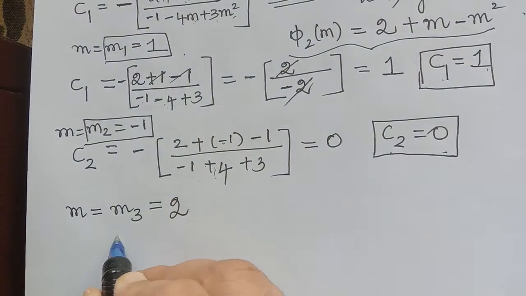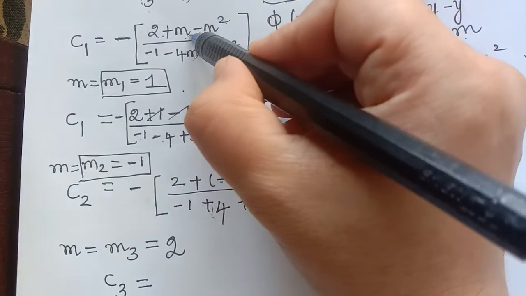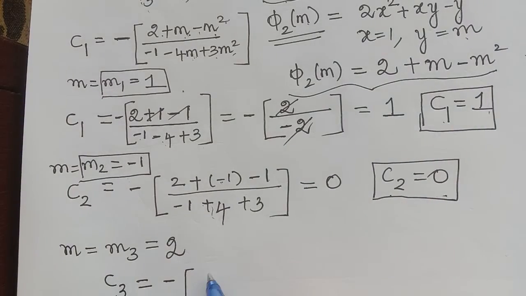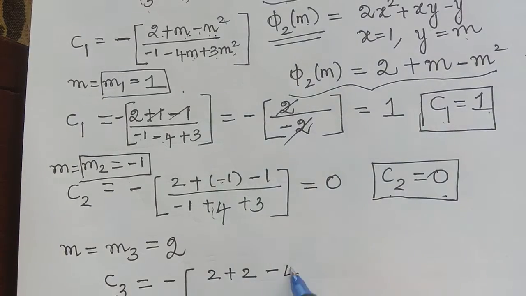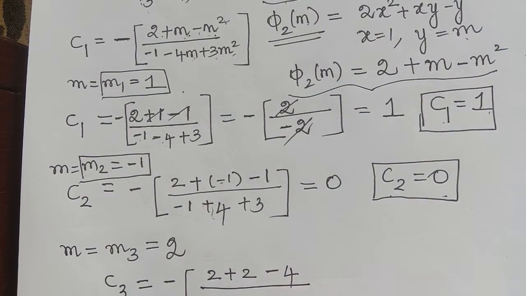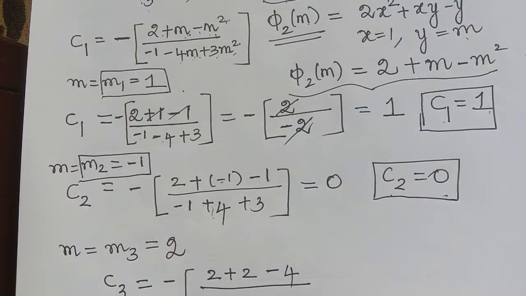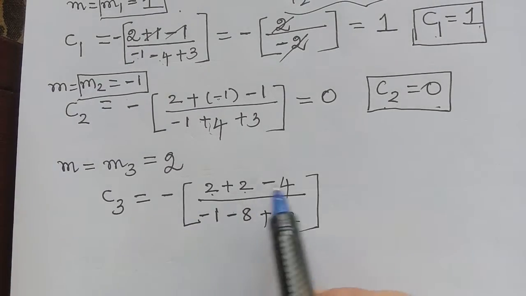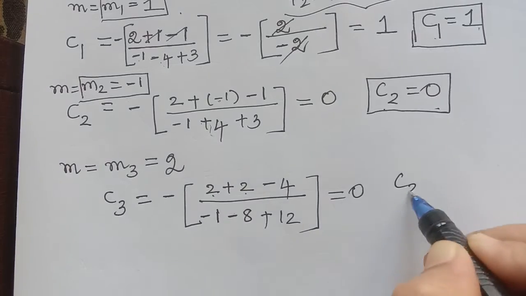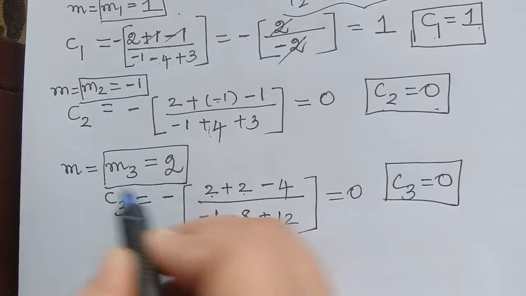You will be getting the value of C3 to be equal to, now if you substitute m equal to 2 over here, you will have minus of 2 plus 2 minus 2 square is 4 divided by minus 1. 4 2 times is 8, so minus 8 plus 2 2s are 4, 4 3s are 12, so 12. But anyway, in the numerator, we see that 4 minus 4 becomes 0, and so C3 also becomes 0. So when M3 is equal to 2, C3 is equal to 0.